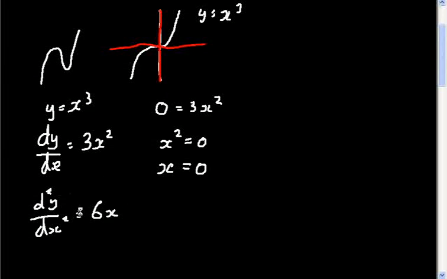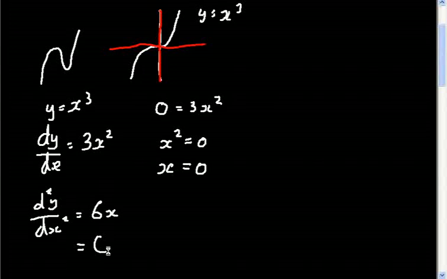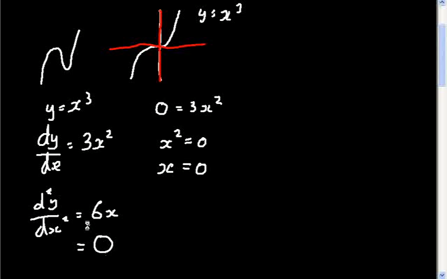So in the second derivative equation, I substitute x is equal to 0, and I get a value of 0. Now 0 is neither positive nor negative. So that's an important point there. When you get a value of 0 for your second derivative, it's a point of inflection, and that's how you identify a stationary point that is a point of inflection.